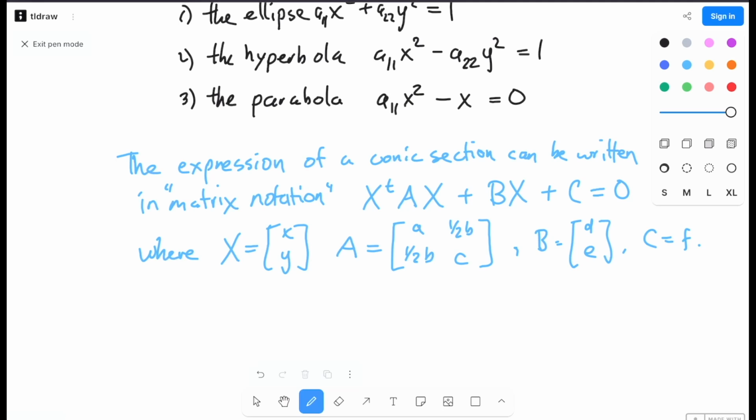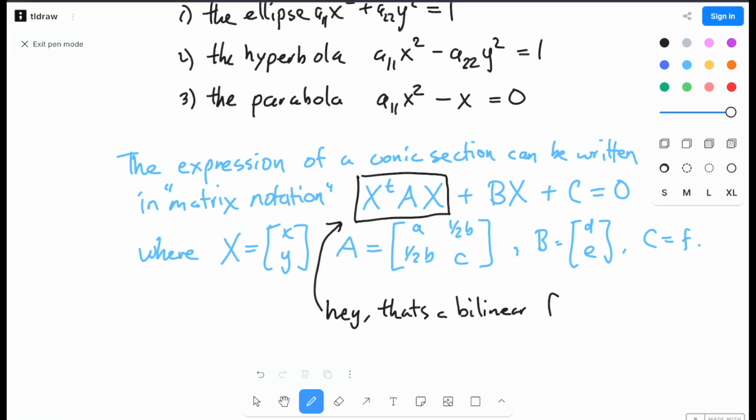And so the reason for doing this rewriting is that, hey, this looks familiar, right? This was our classic example of bilinear forms. Hey, that's a bilinear form. I hand you a matrix, and then you put the, well, I guess it's not quite a bilinear form, right?